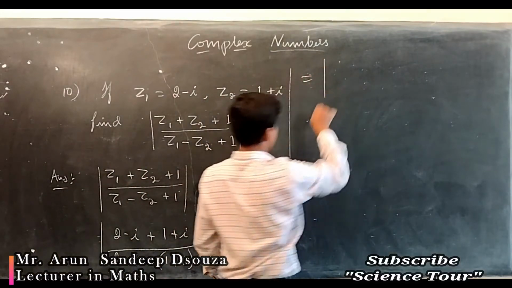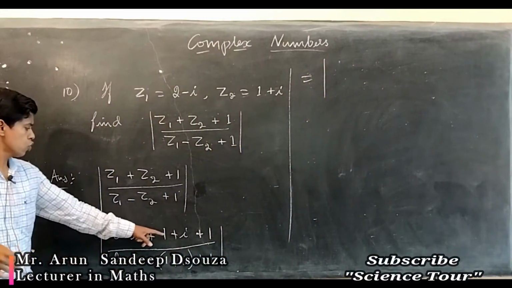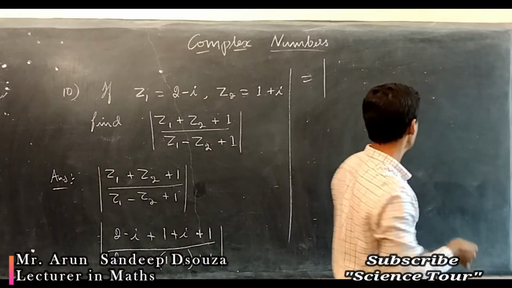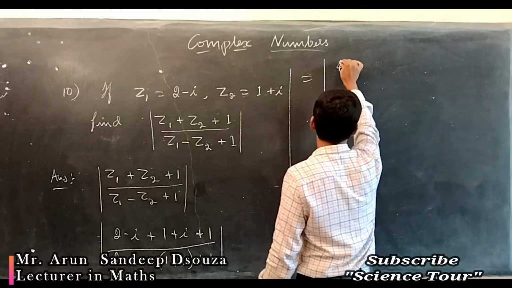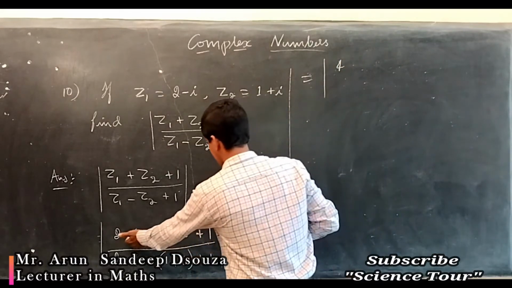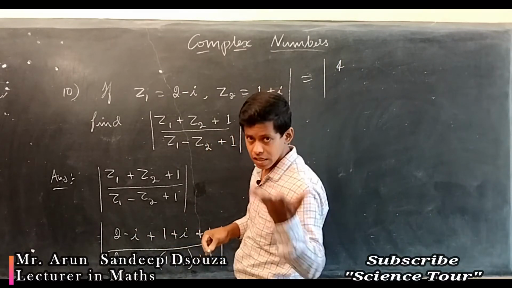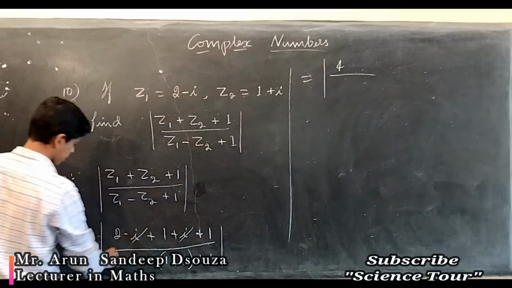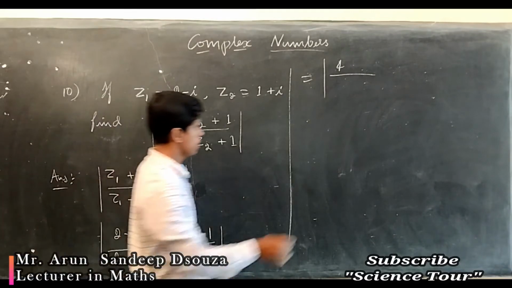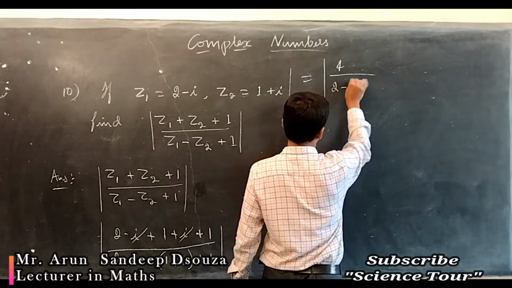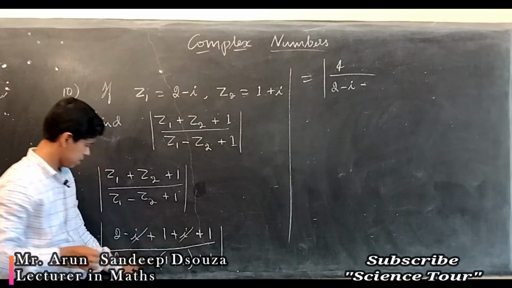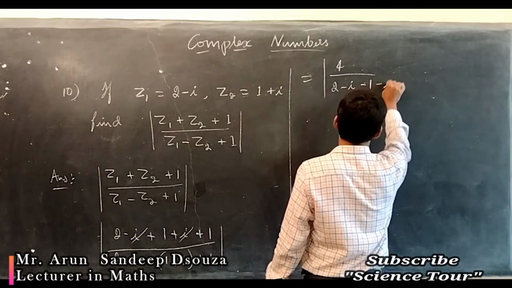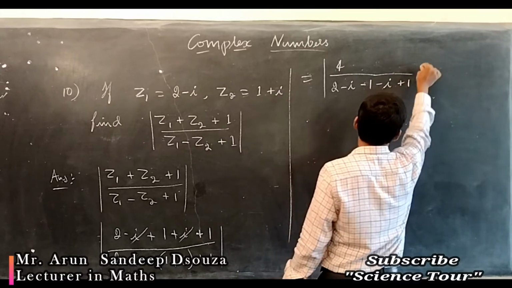Next, 2, 1 and 1. All the three must be added. You get 4. And then minus i plus i gets cancelled. So divided by, you get 2 minus i minus 1 and minus i, so that is minus 1 and minus i and plus 1.